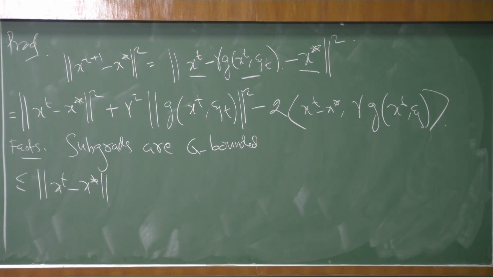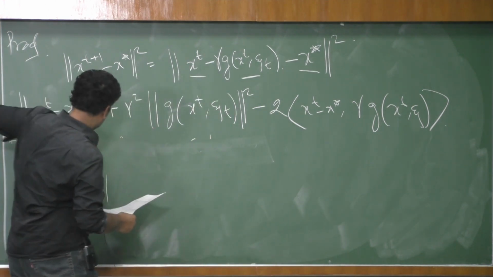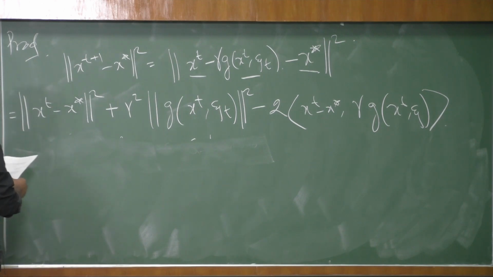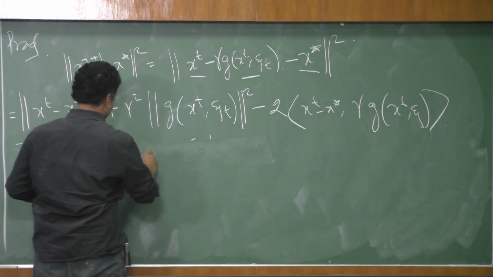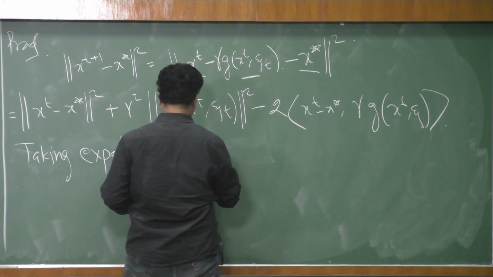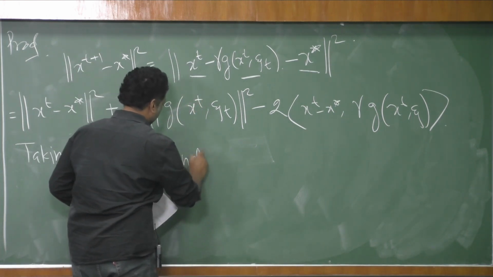So the first step will be to apply the expectation first. Take the expectation with respect to xt, conditioned on xt basically. These are the usual steps we do.